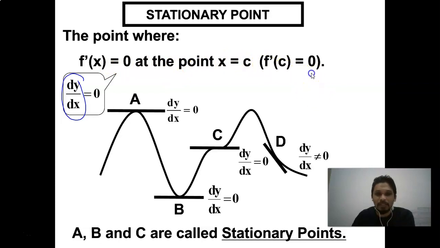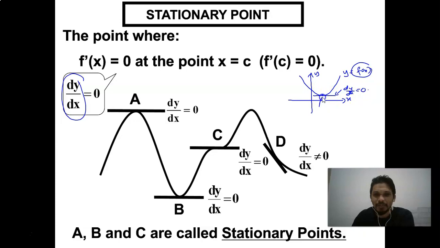Okay, let me make it clearer with the x and y axes. Let's say this is the curve of y equal to f(x), and this is quadratic. We are going to look at this point here, where the gradient, dy/dx, equals 0.